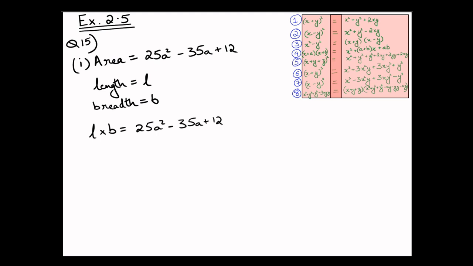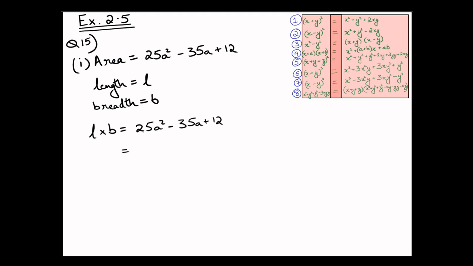And essentially what we're going to do is we're going to try and factorize this polynomial on the right hand side in such a way that the two factors that we get, we will equate them to length and the breadth. So let's try and factorize this.